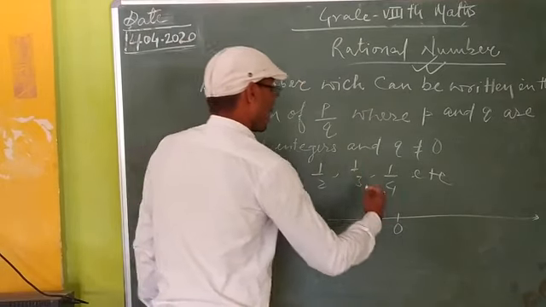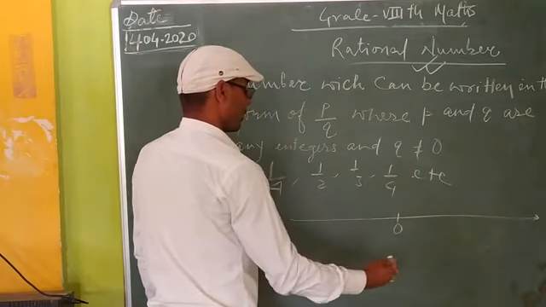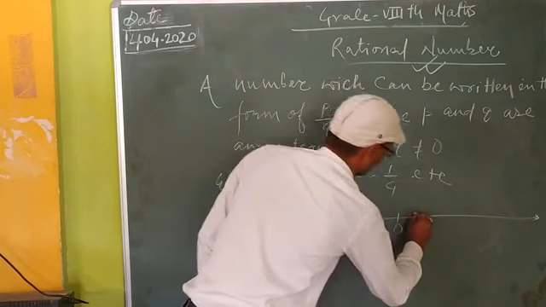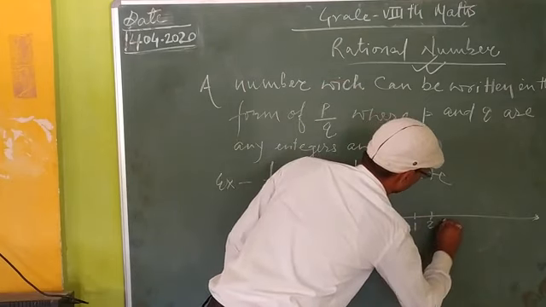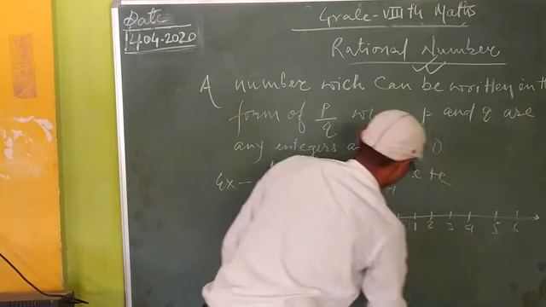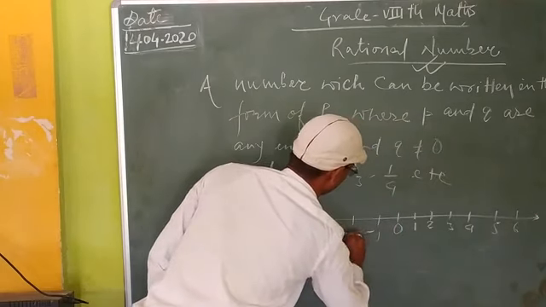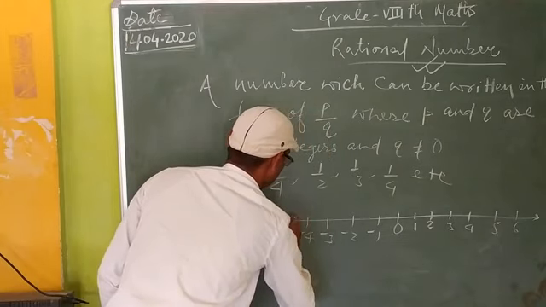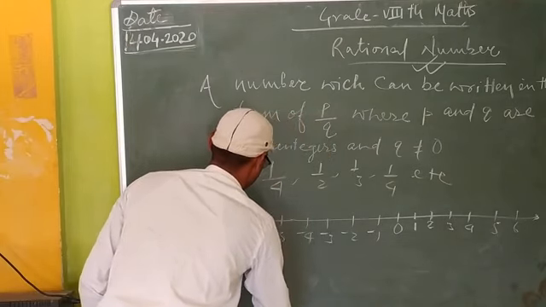So the right side of 0 is positive integers and the left side of 0 will be negative. Take 1, 2, 3, 4, 5, 6. Here minus 1, minus 2, minus 3, minus 4, minus 5 and minus 6.